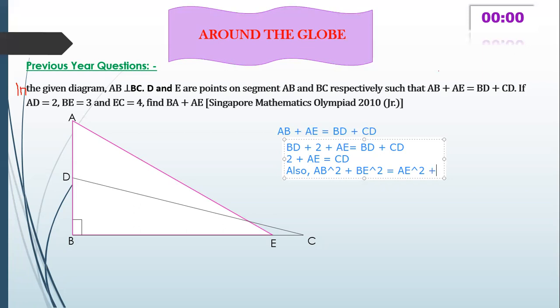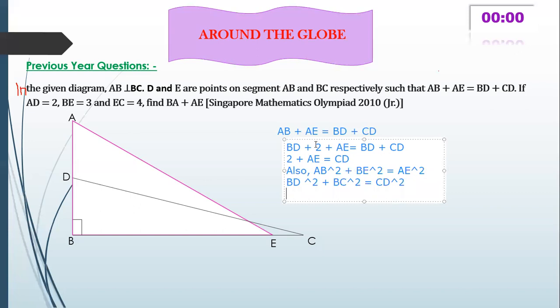Also in another triangle you can find BD squared plus BC squared equal to CD squared. So these are the two things we have already found by Pythagoras theorem.